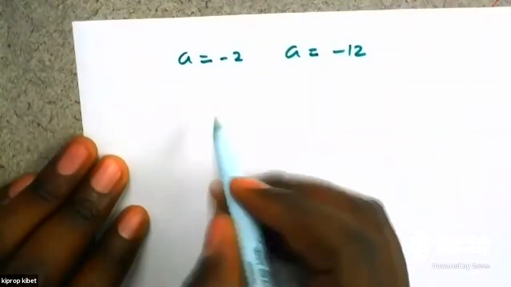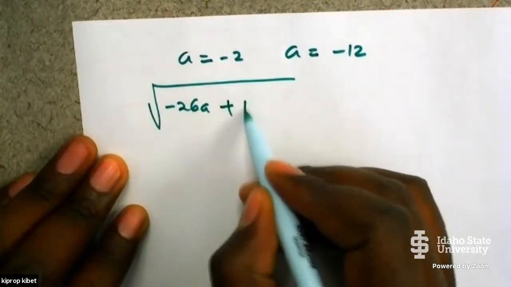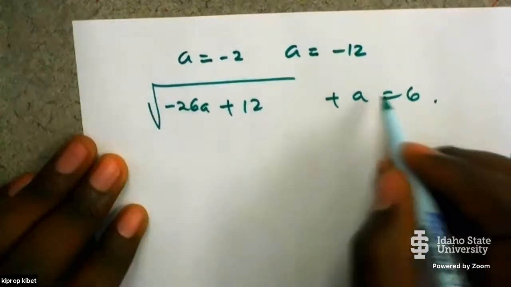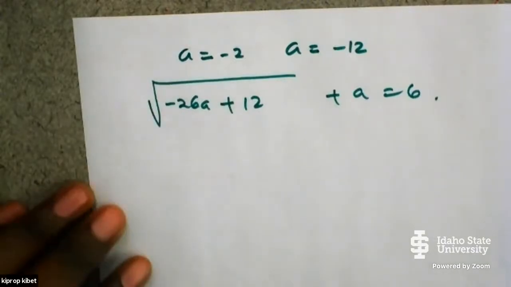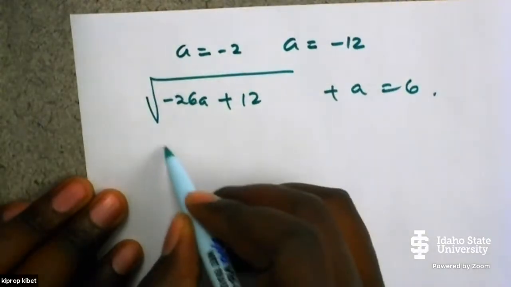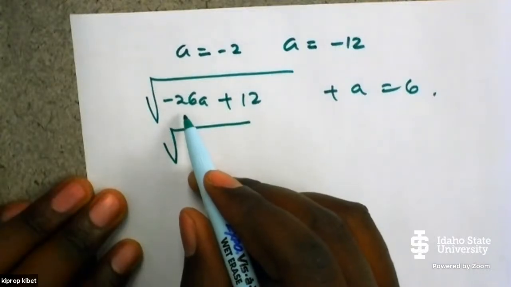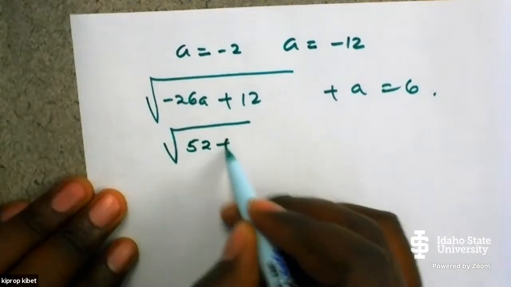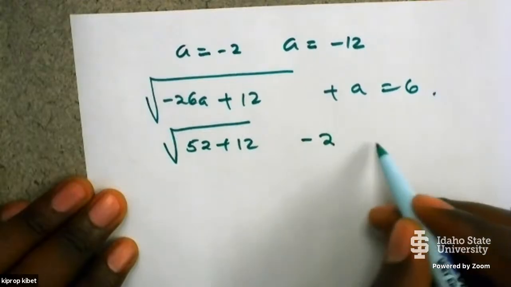And our original equation is the square root of minus 26a plus 12, plus a equals to 6. So when a is minus 2, let's try. Minus 2 by 26 is 52. So 52 plus 12, and this is minus 2. Is it equals to 6?